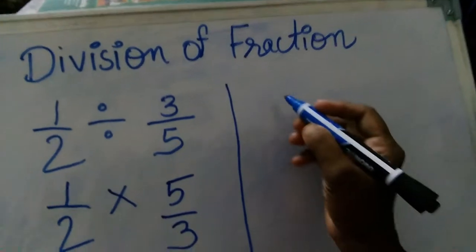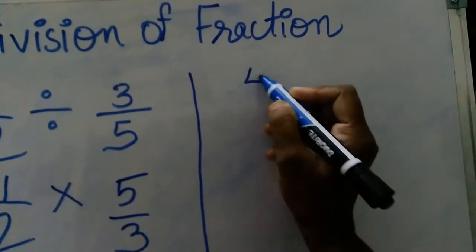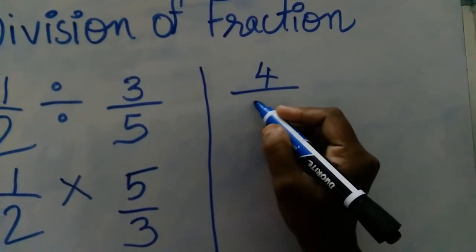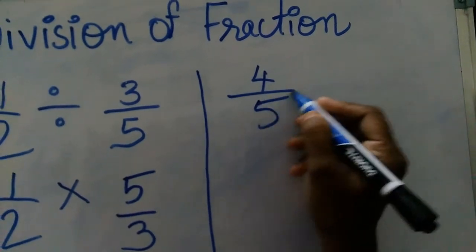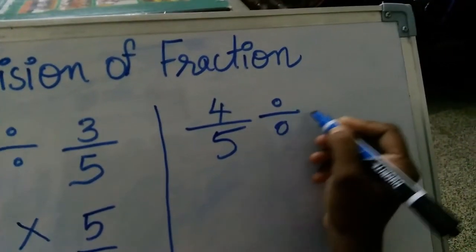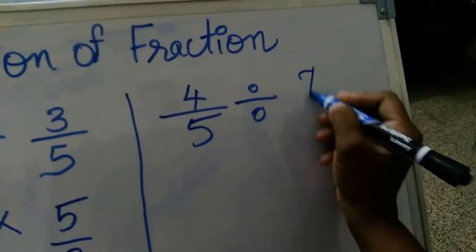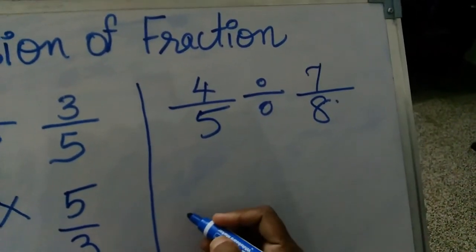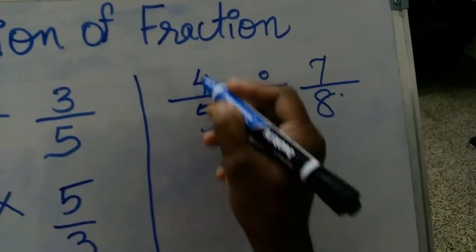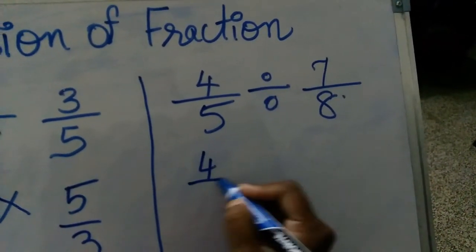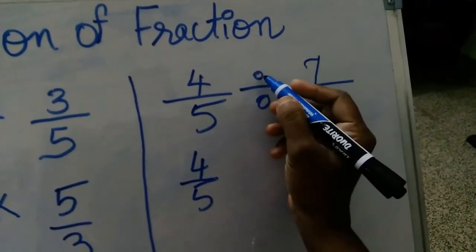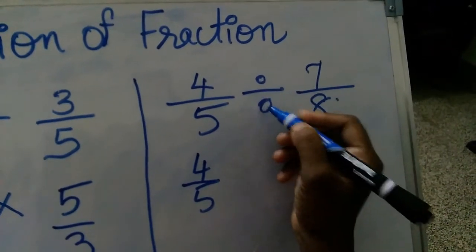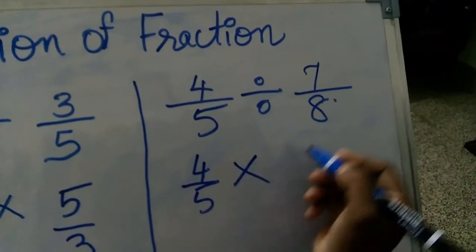We can do another example. 4 upon 5 divided by 7 upon 8. First step is write this number 4 upon 5, that is the dividend. Now we change this division to multiplication.